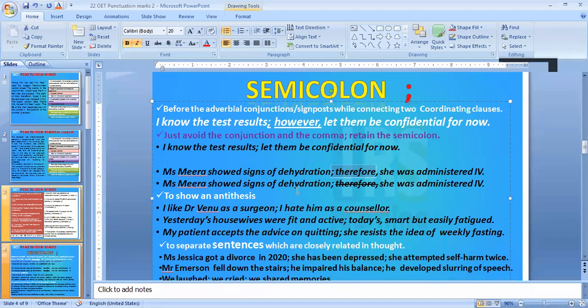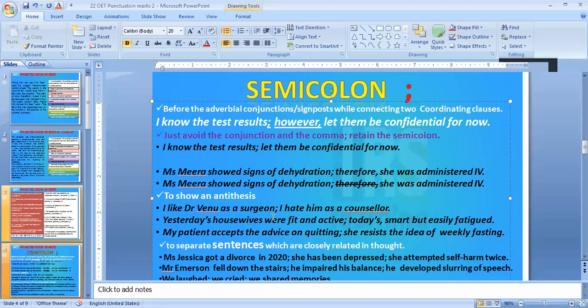It is same as saying signs of dehydration, semicolon, therefore she was administered IV. Both are same, but the first one is better because of the connector. The second one is also okay. Nobody will penalize you for not using the signpost. Okay, this is the first occasion of using semicolon.